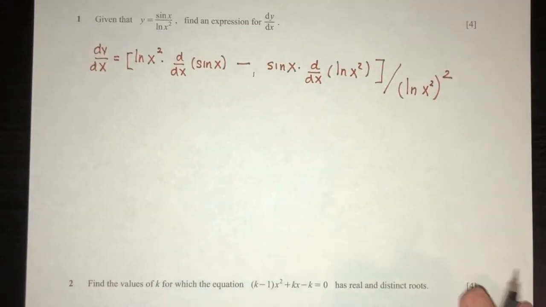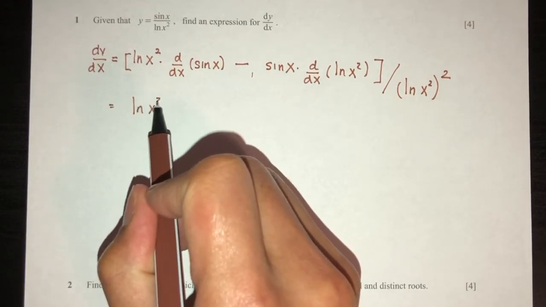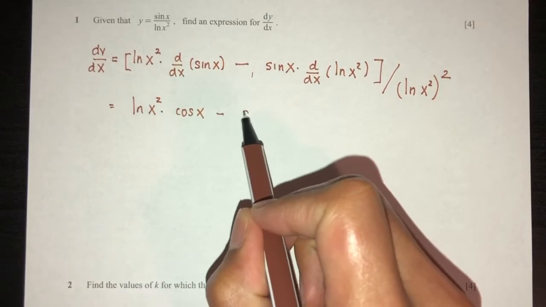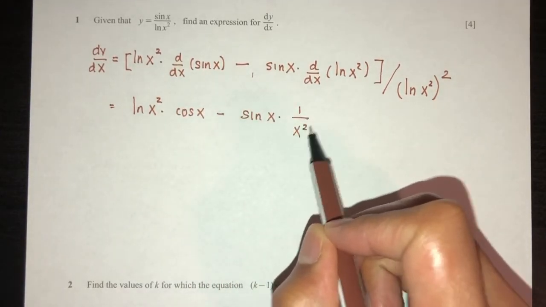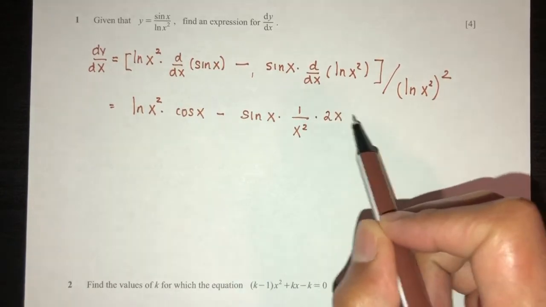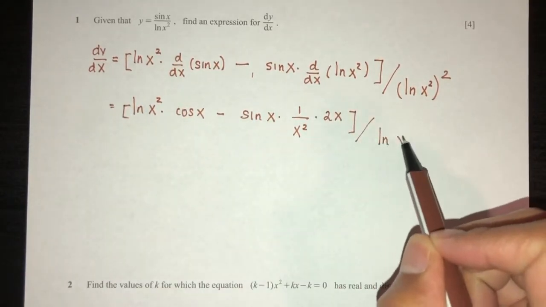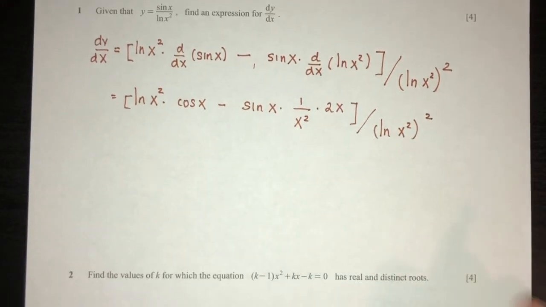Now we just have to simplify. So ln x squared is the same. This will become cos x minus sine x times 1 over x squared times 2x. And all this divided by ln x squared, to the power 2, square, right?